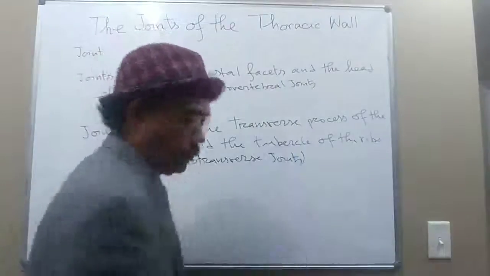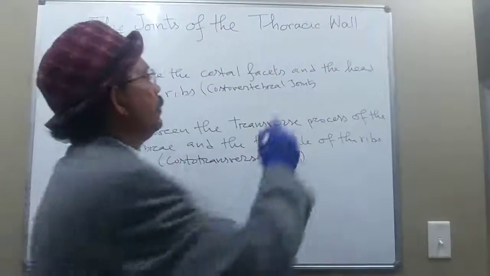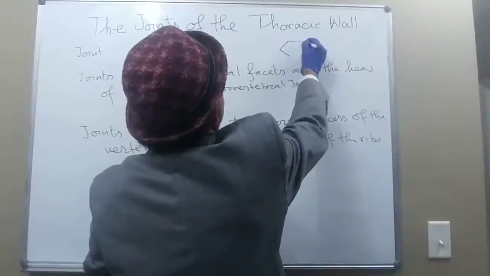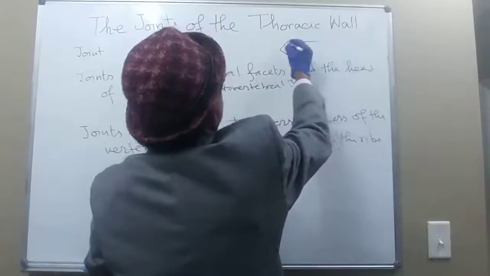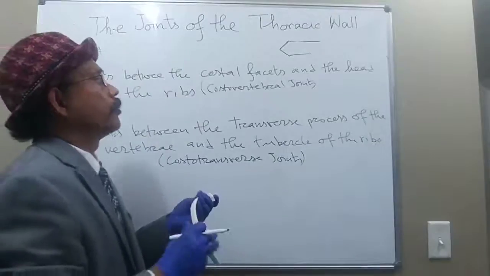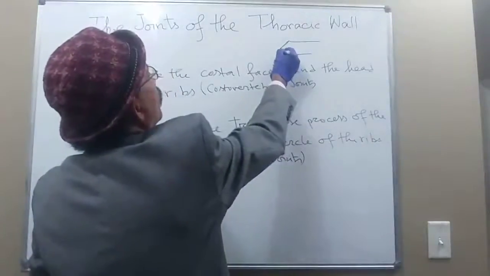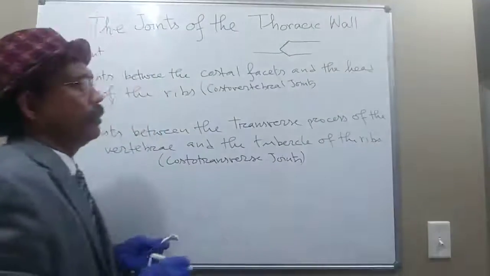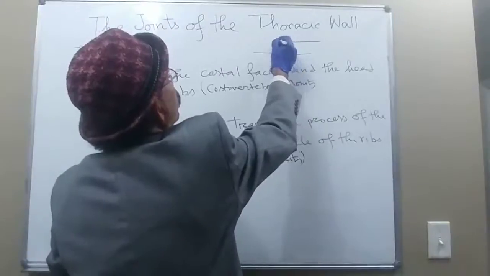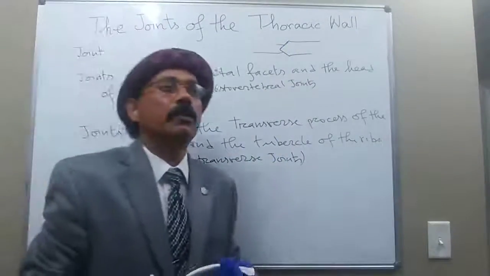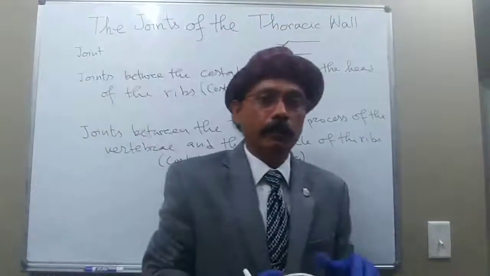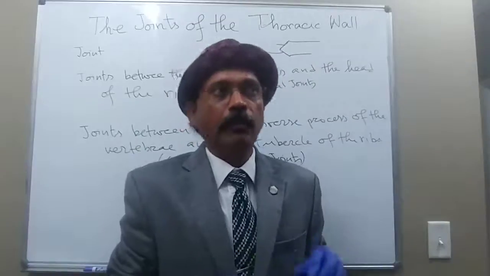Each rib head has two articular facets. The lower part will articulate with the costal facet of the corresponding vertebra. The upper part will articulate with the costal facet of the superior vertebra.